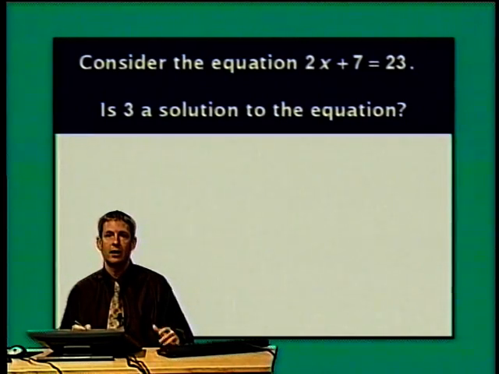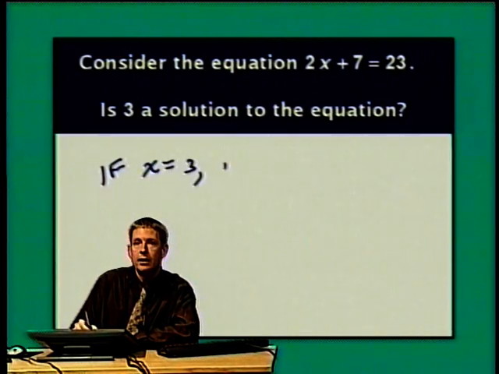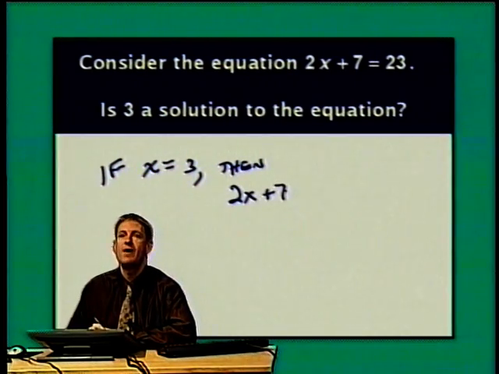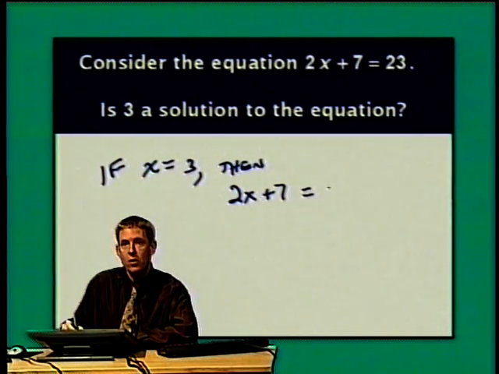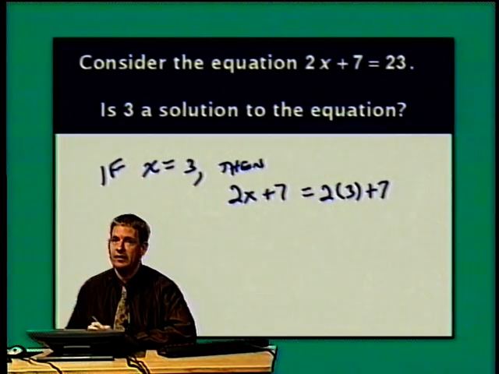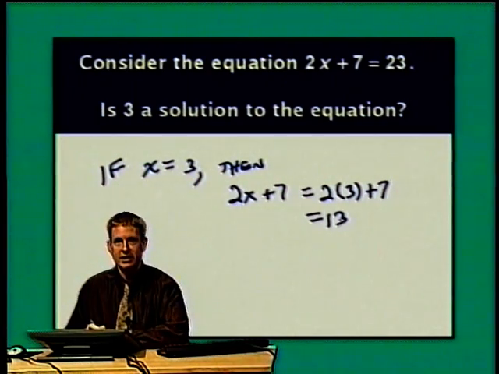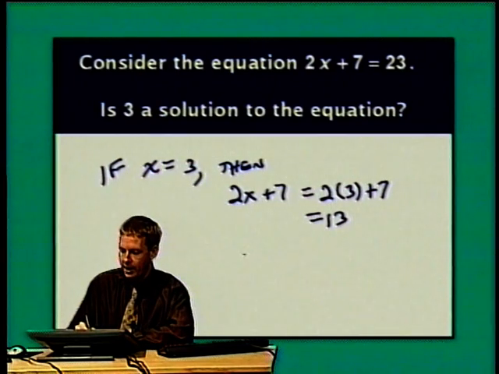Is 3 a solution to the equation? Well, if x equals 3, then our expression 2 times x plus 7, this is called a variable expression because it has a variable in it, will equal 2 times 3 plus 7. 2 times 3 is 6, and when we add 6 to 7, we get 13. 13 does not equal 23.